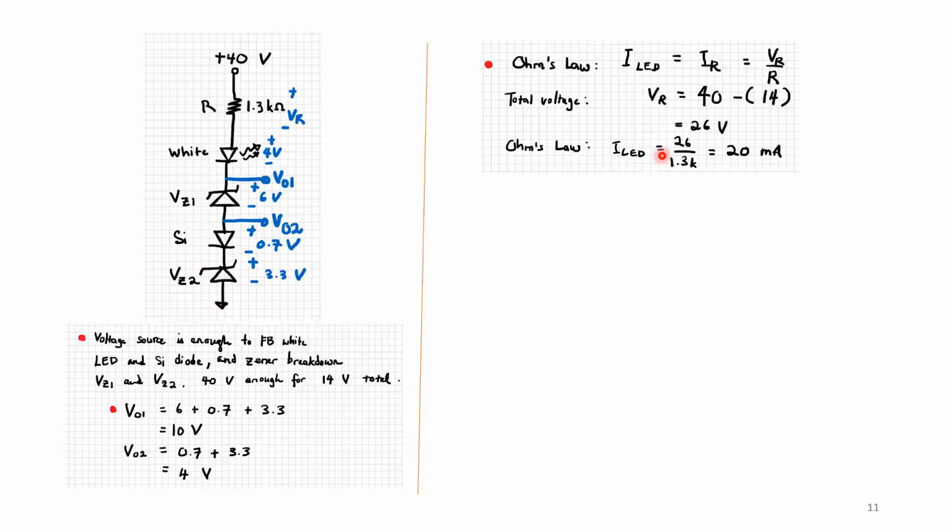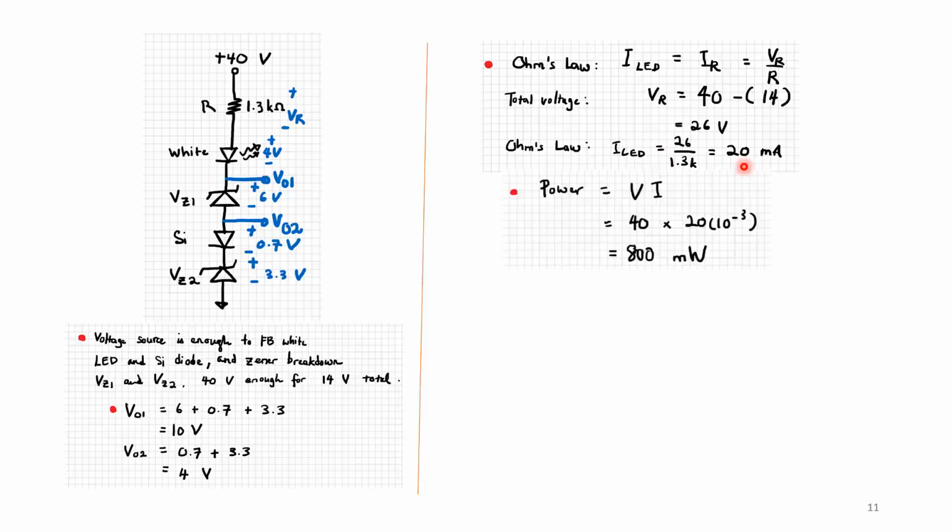So if I do Ohm's law at the resistance R, I get 26 divided by 1.3K. 26 because that's the voltage drop across the resistor, because the other 14 volts has been taken by the LED, so there's 26 volts left, which is the voltage drop across the resistance. So we have 26 divided by 1.3K, which is the value of R, so we get 20 milliamps.